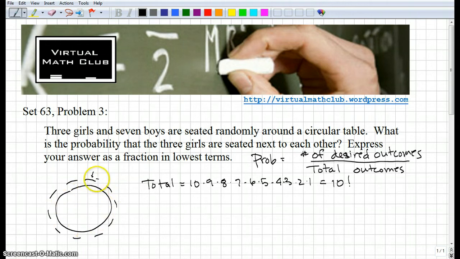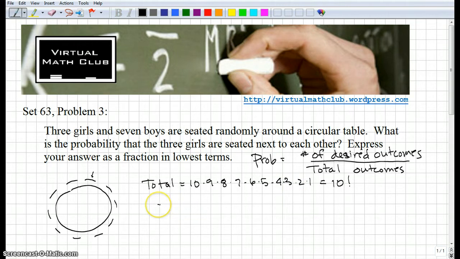So this might be a rocking chair, and this might be a stool, and this might be a dining room chair. Who knows? This might be a folding chair. Again, as long as we're consistent with the numerator and denominator as far as what we assume regarding the order of the chairs, we'll be okay. All right, so there's our total.